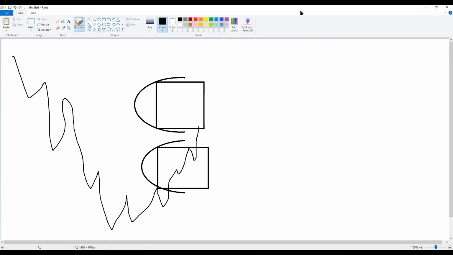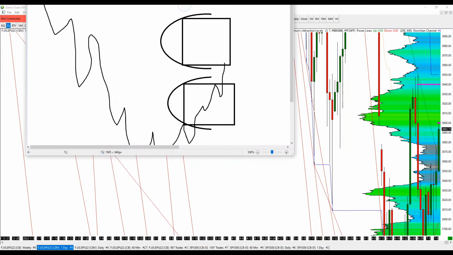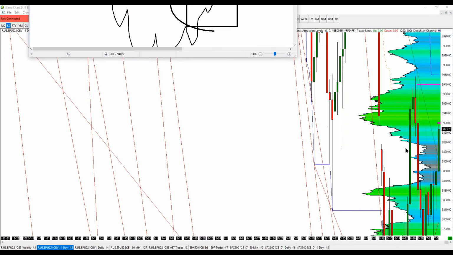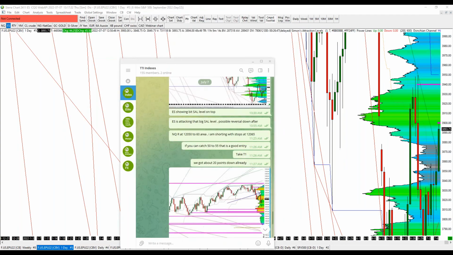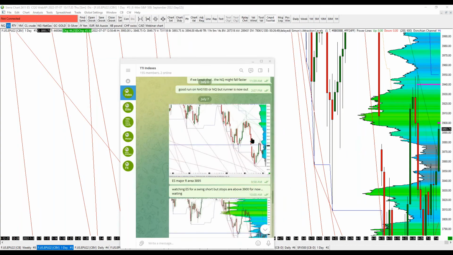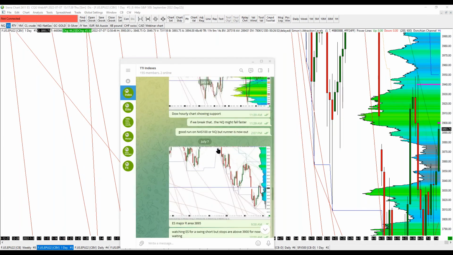Is it clear now? If I do this, you will see. See, this is the cluster that I talked about. It's poking into the next zone, right? And if you see in the morning, I gave a signal to my members. First thing, July 7th, today, when the ES was much lower, right?